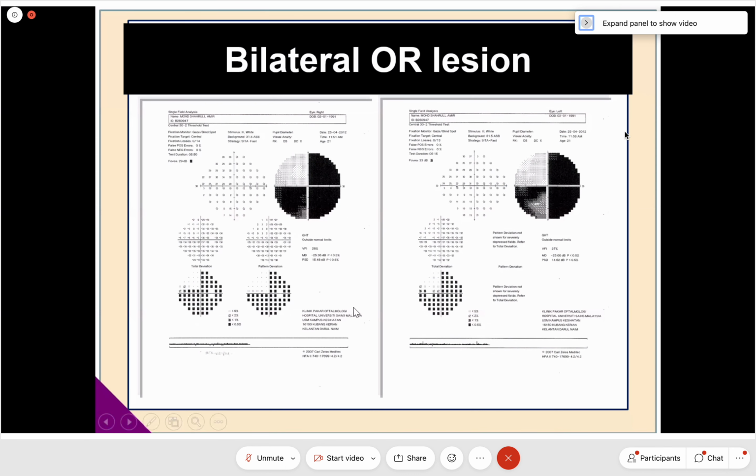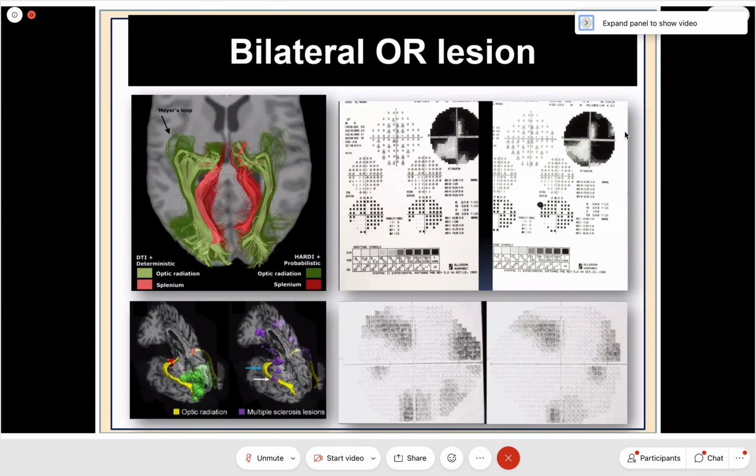In a bilateral condition, if let's say the patient had right homonymous hemianopia due to the left optic radiation lesion just now, and on top of that, he also has a lesion on the other side, the patient can have this 3/4 visual field defect, which is a mirror image. So this indicates a retrochiasmal lesion. This is another example.